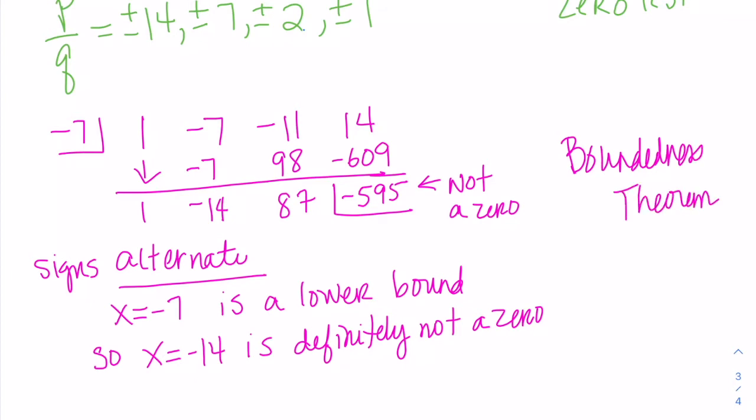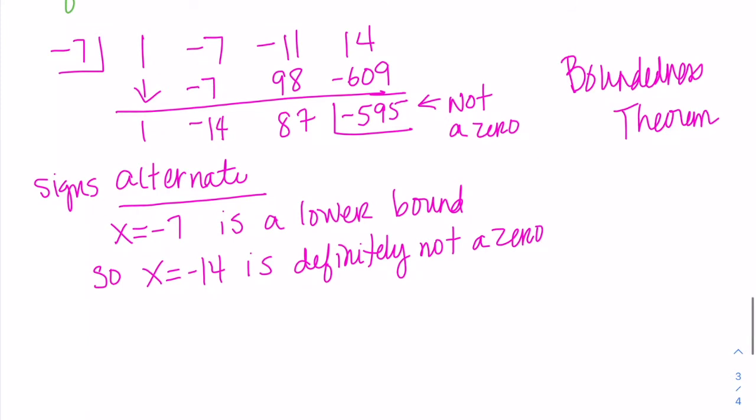Okay, well, since we know that negative 7 is the lower bound, let's try the next negative. I'm going to try negative 2. The coefficients are 1, negative 7, negative 11, 14.